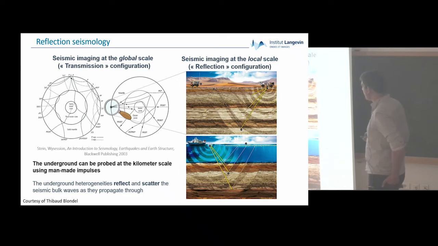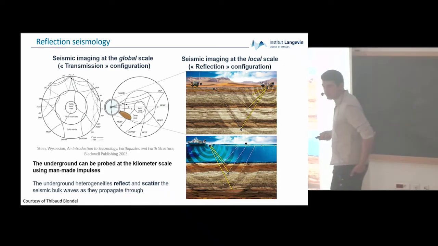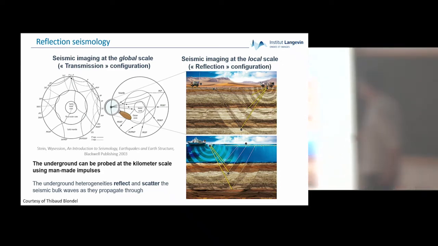So you have a vibrating truck, for example, that emits a seismic wave, and then you look at the reflected wave field on an array of geophones, and then you can move this truck and record the reflection matrix as we did in acoustics. So this is exactly what I explained.